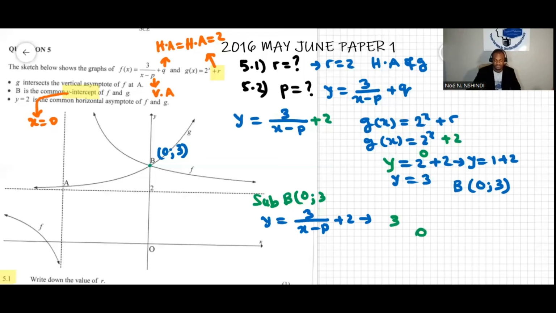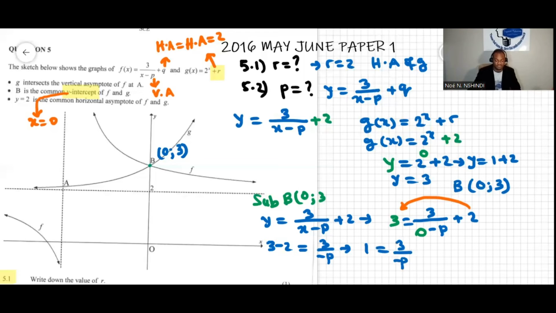So this will be 3 equal to 3 over 0 minus p plus 2. If I move the 2 over, this becomes 3 minus 2 equal to 3 over 0 minus p, which is just negative p. Now 3 minus 2 is 1, equal to 3 over negative p.